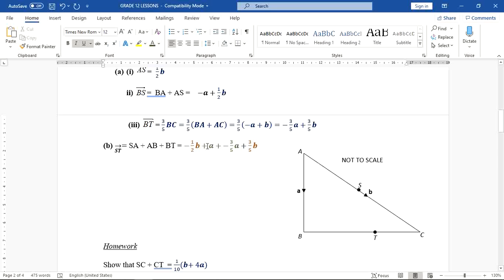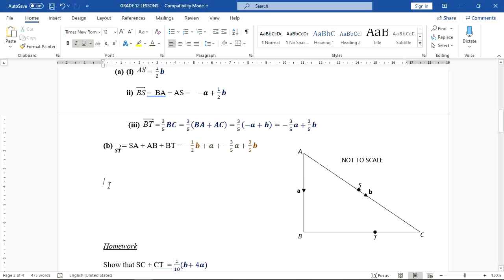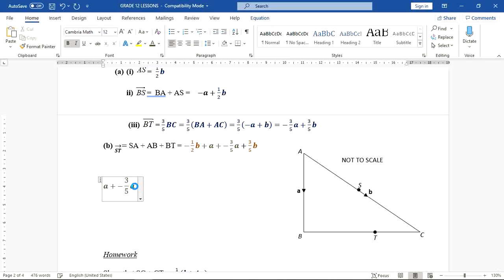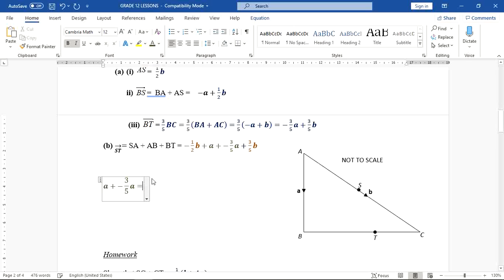Now we need to simplify the like terms as one number. So let me start with the A's. Copy this, bring it here. Now the denominator here is 5, and here we don't have a fraction, so we are going to introduce 5 over 5 so that the denominators are the same. So instead of just A, we are going to have a fraction which is 5 over 5.